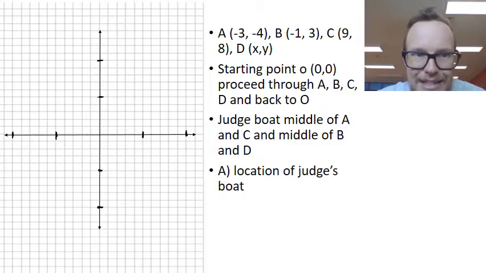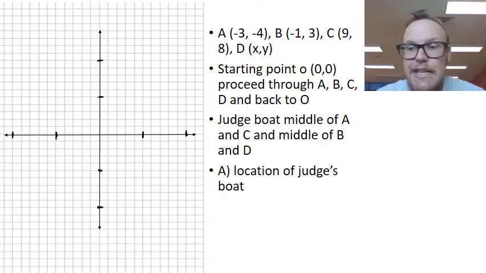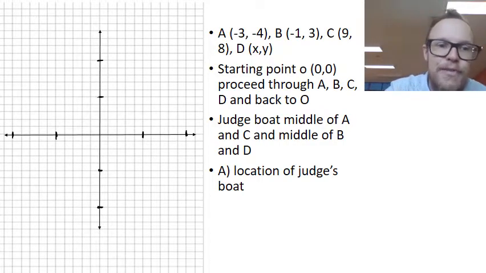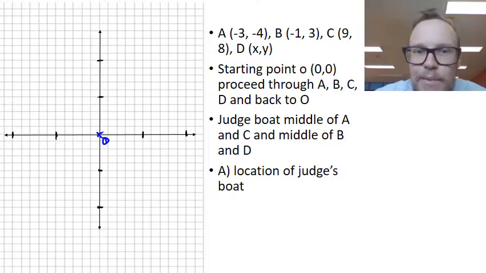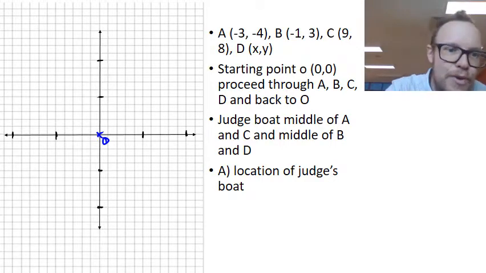If we have a look at using the graph paper to aid us in our response, we can plot the different points. We can plot here the origin, O. We can plot our first buoy, A, -3, -4. So -3, 1, 2, 3. Our buoy A is right here.